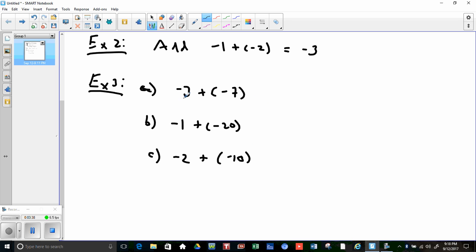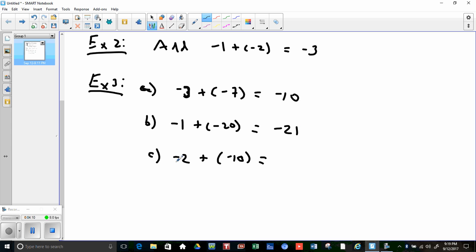So again, the concept is if I go 3 to the left to start, and then I'm going to add -7, it means I'm going to go 7 more spaces to the left on the number line. So if I went from -3, another 7 to the left on the number line, I will now be at -10. Same concept, starting at -1, so 1 to the left of 0, and then adding -20 means I'm going to go 20 more spaces to the left from -1, which is going to put us at -21.